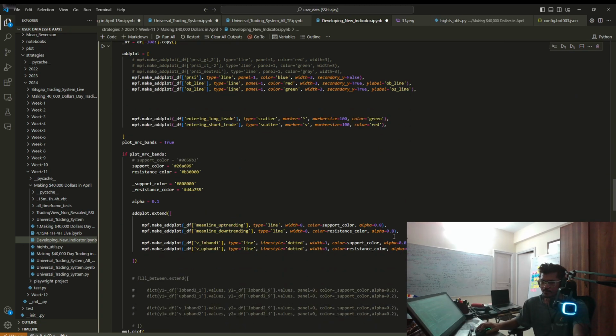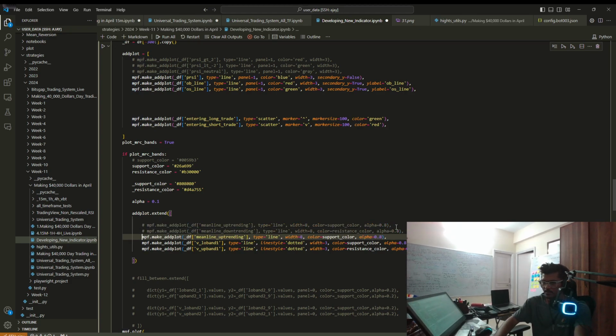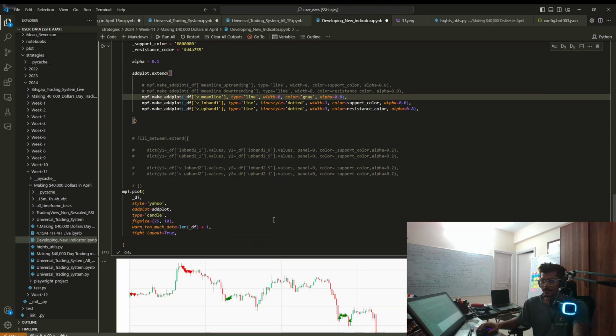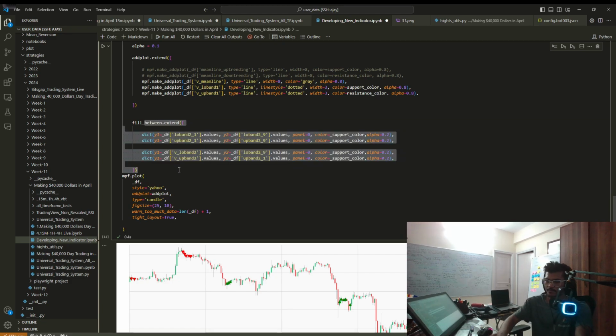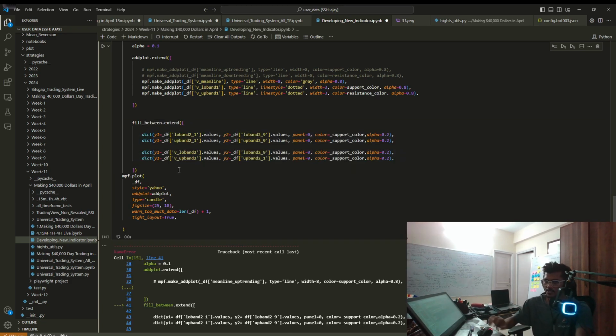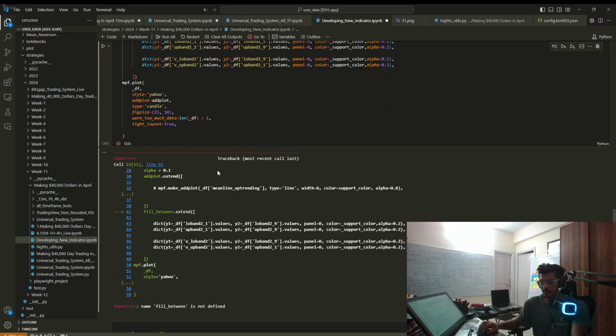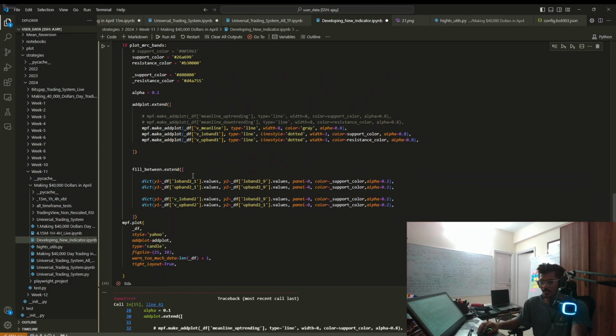Okay. Instead of that, let's just keep things simple. Okay. Mainline color is gray, and this one, let's check this out. Fill between. Okay.